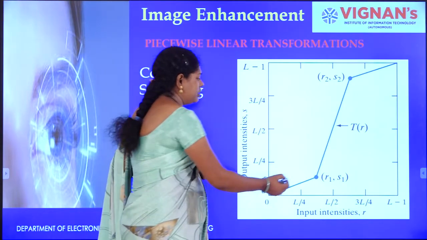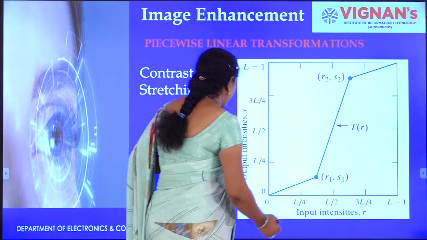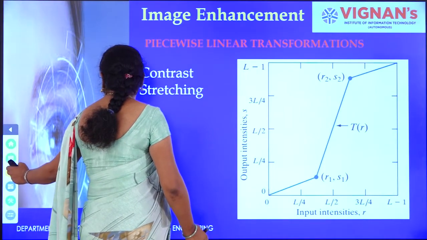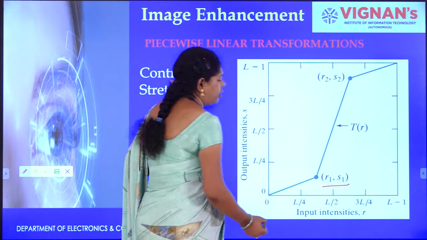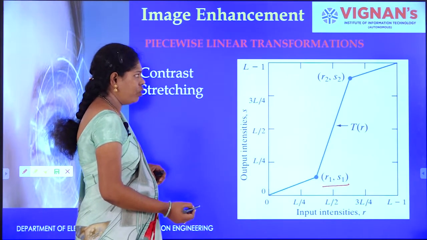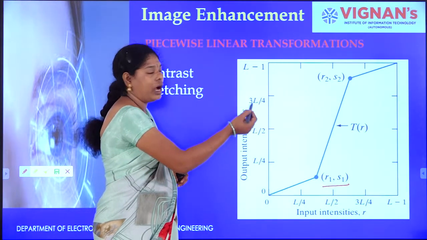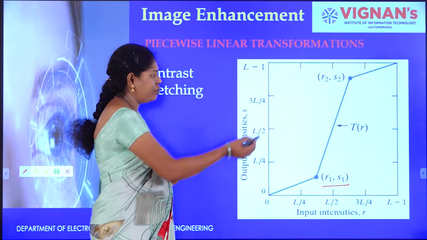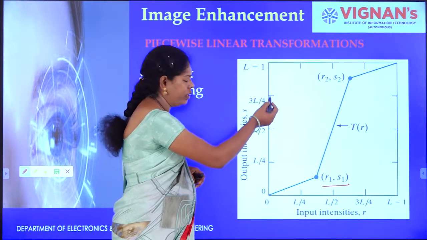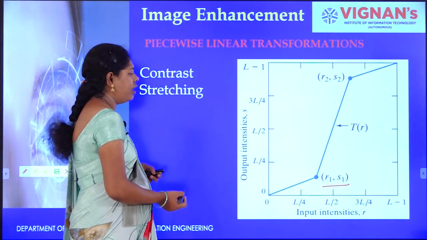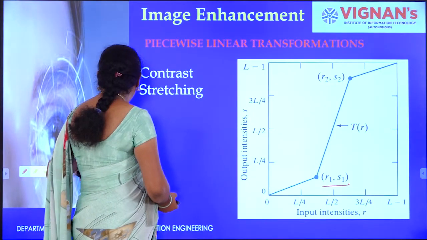Let us see the point R1 comma S1, which will be modified to R2 comma S2. The shape of the contrast stretching is decided by these 2 points, R1 comma S1 and R2 comma S2.